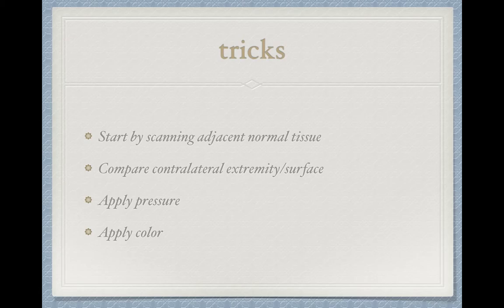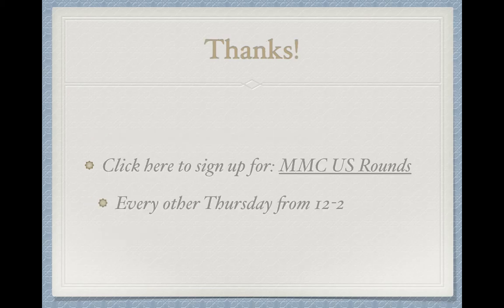Remember to apply pressure to help you with your abscesses, especially MRSA abscesses. And remember to apply color when doing this because, as you can see, significant vascular structures can be quite closely associated with your target, whether it be a foreign body or drainage of an abscess. So that's it for now, and we'll talk to you again soon.